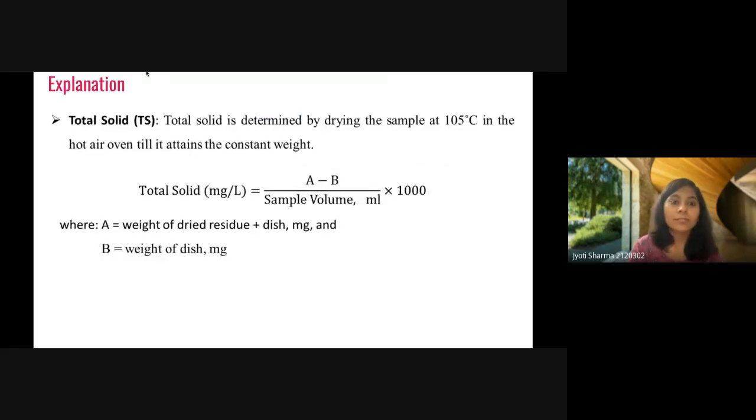And just see here the formula for this. Based on that formula, you can solve some numerical questions also. Total solid will be equal to weight of dried residue plus dish minus weight of dish, upon sample volume, multiplied by 1000. This is determined by drying the sample at 105 degrees Celsius in a hot air oven till it attains constant weight.